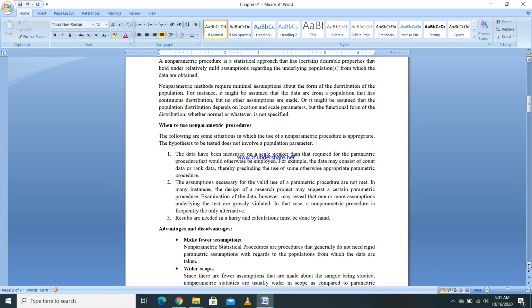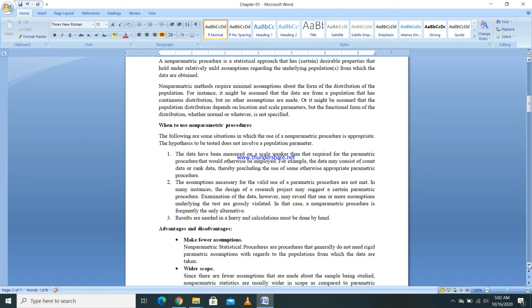And also, if you want results quickly, and if you have no statistical software and have to do all the calculations manually, yes, you can apply non-parametric statistics. So in all these cases, you can apply the non-parametric statistics, right?